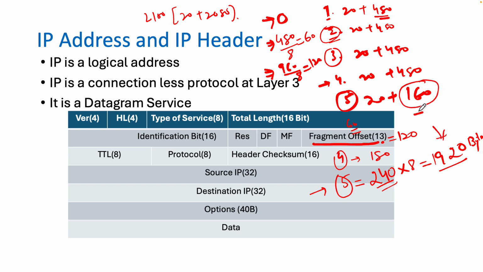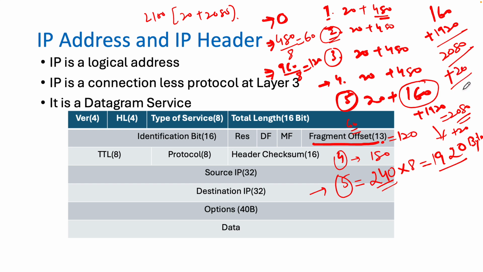So 160 plus 1920 will be 2080. Let me write again. So you add 160 plus 1920. Answer becomes 2080. This one is the payload of the IP packet. And if you want to find the total size, add 20 into that. 2100. This is that IP packet.